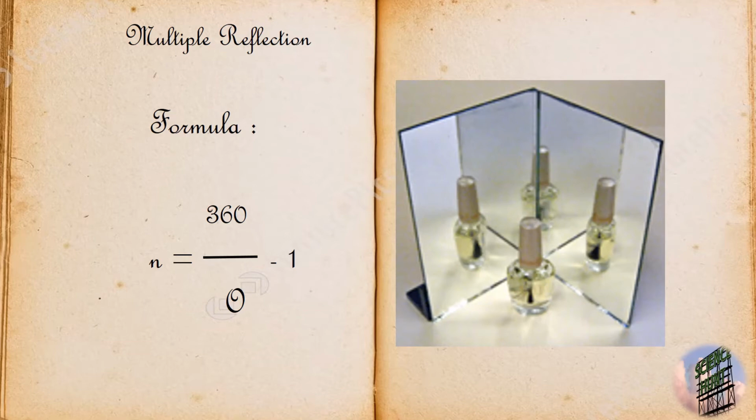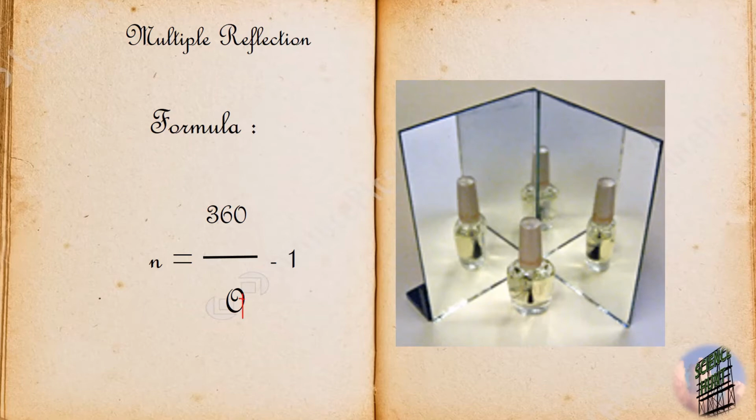To know how many images we get, there is a formula: N equals 360 over θ, minus 1. Here N is the number of images formed and θ is the angle at which the mirrors are placed.